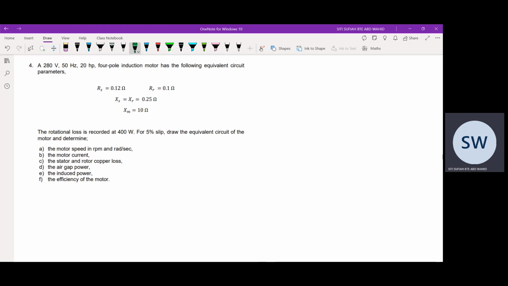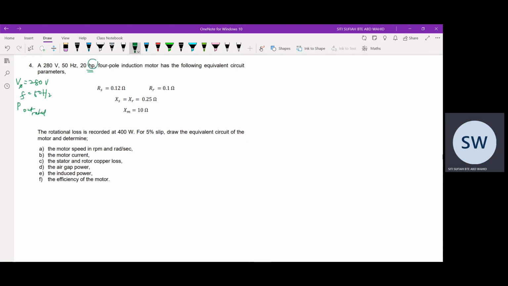So first, 280 volt is the V phase. Frequency 50 Hz. Horsepower, so that is P mechanical. Sorry, P out rated.